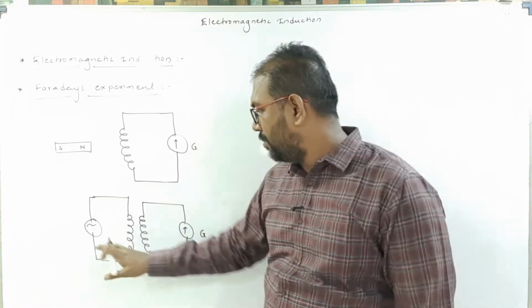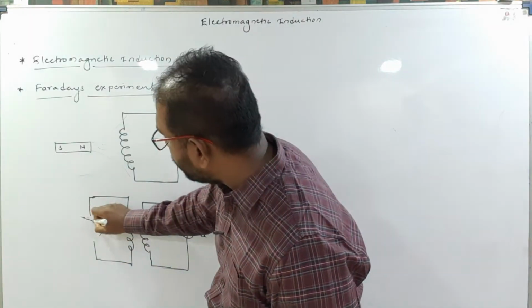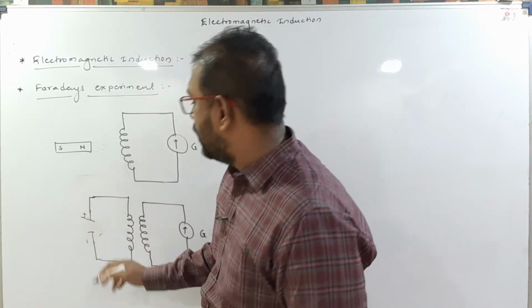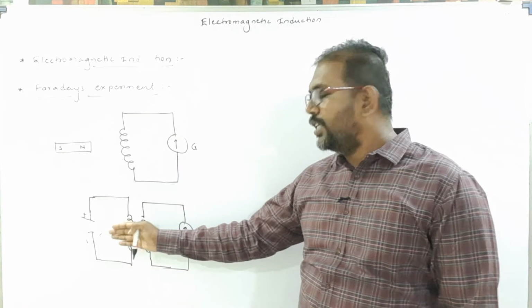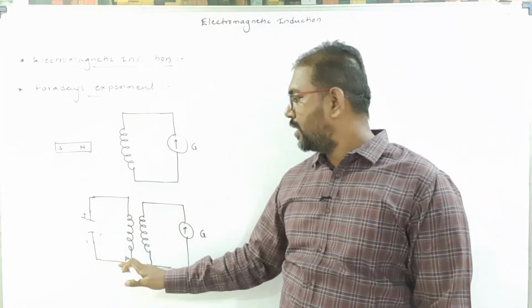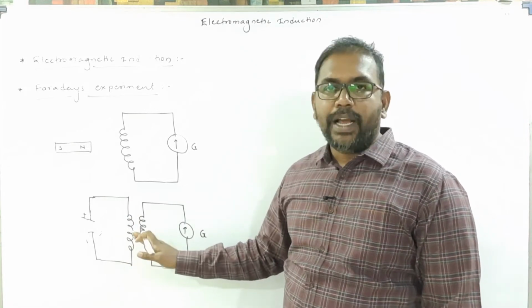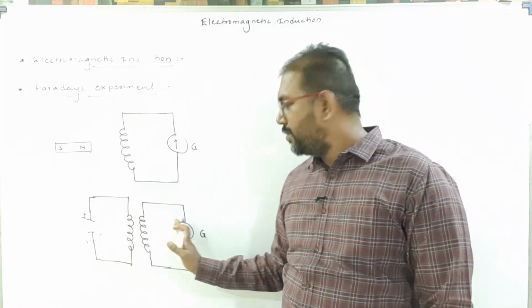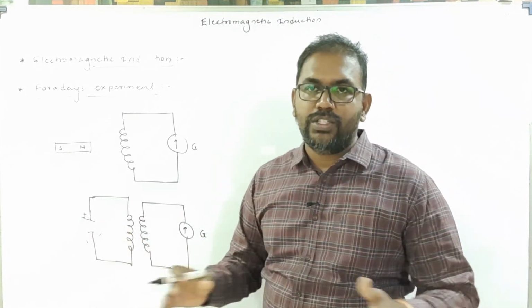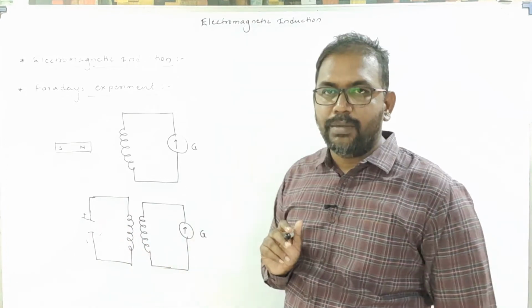I consider here a battery, positive and negative, and a switch. When the current is initially switched on, the magnetic flux linked with the second coil changes, we get a deflection in the galvanometer, and current is induced. Later the current attains a constant value and there is no deflection in the galvanometer.